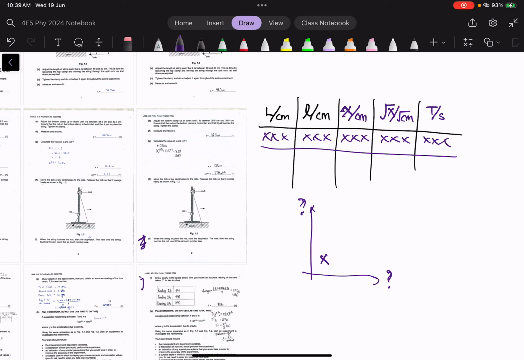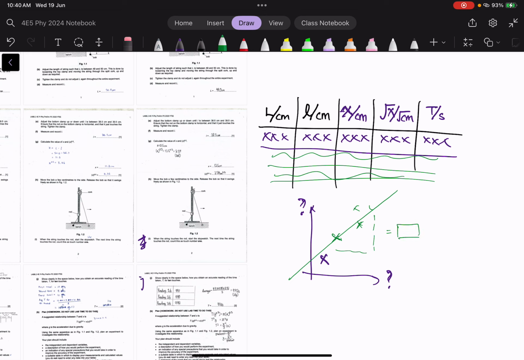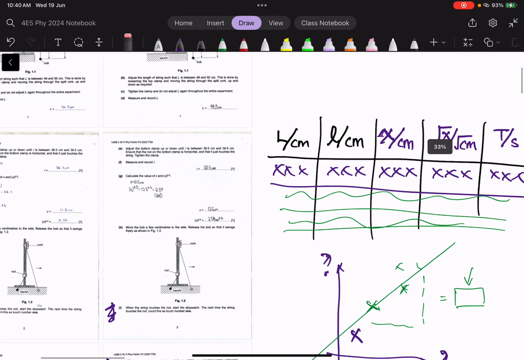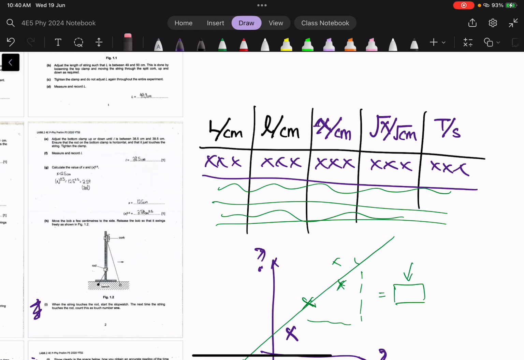And basically, I just need to repeat this entire process so that I get more points, right? I will get something here, I will get this, I will get something here, I will get this, then eventually I will get a relationship, right? And in this relationship, somehow the gradient of this will be equated to a certain thing, and I have to find something from here. So this is what I mean by the first few steps in your question 1 will give you a sensing on your design question, right?